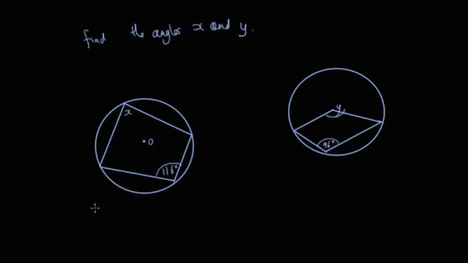So for angle X, we know X plus 116 must equal 180. So we can just write a wee explanation, because the angles are in opposite segments.